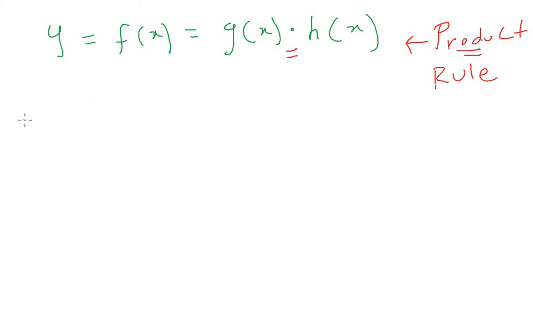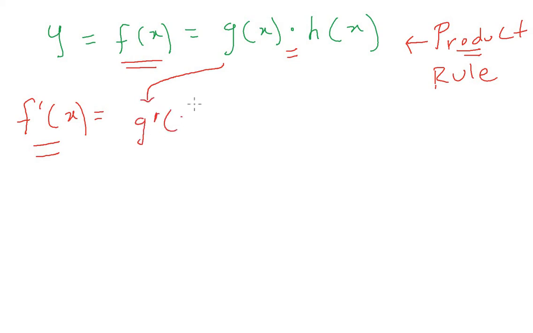So what does the product rule tell us? There's two ways of writing the product rule. I like to use this format, but they're the same, exactly same. So we are trying to find the derivative of this function. Please remember, we are trying to find the derivative of f of x. So to find the derivative, what you need to do is find the derivative of the first function, differentiate the first function.